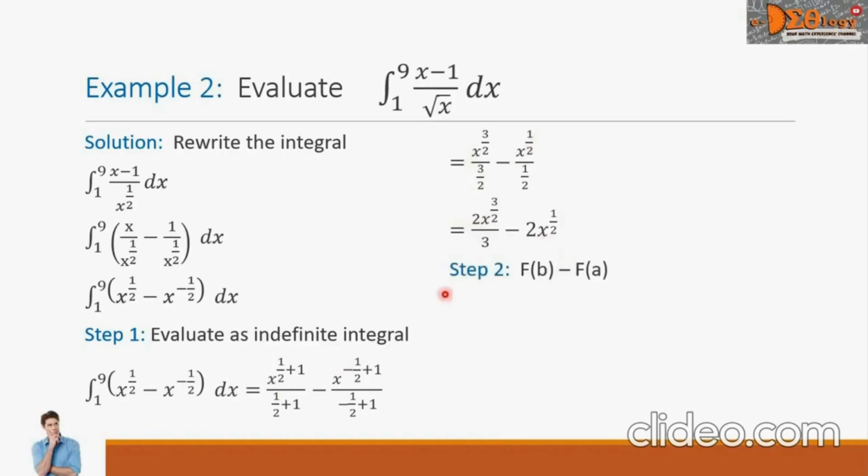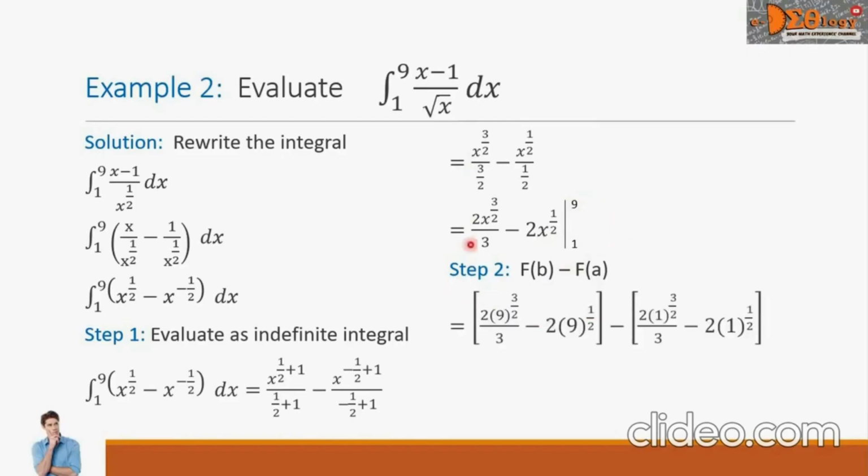And from here, we will go to step 2. That is the f of b minus the f of a. And we say that in some books, you will see this notation, a vertical line, and we put the limits of integration, the 1 and the 9.